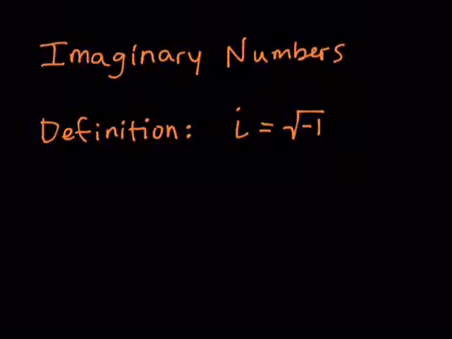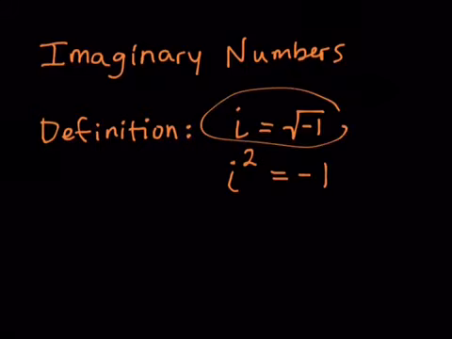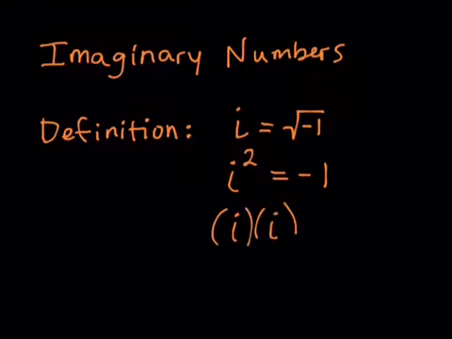If we square both sides, that means i squared equals negative 1. By definition, by saying that i is the square root of negative 1, I'm saying that i is the number that when squared is negative 1, or when multiplied by itself will equal negative 1.